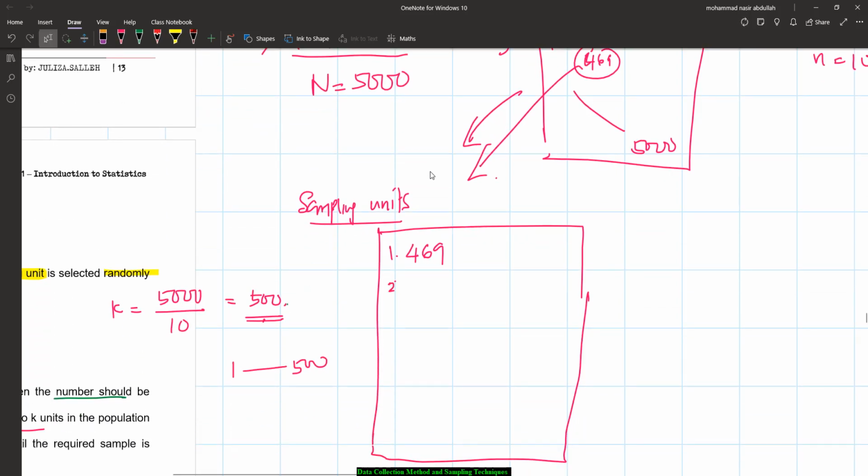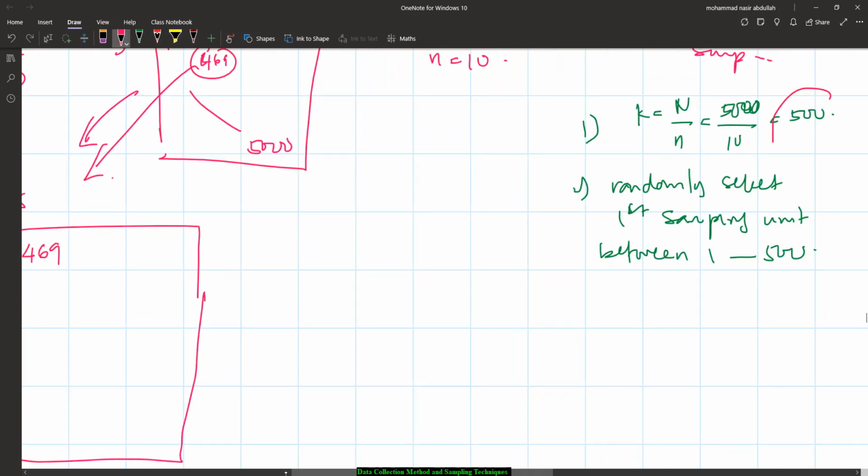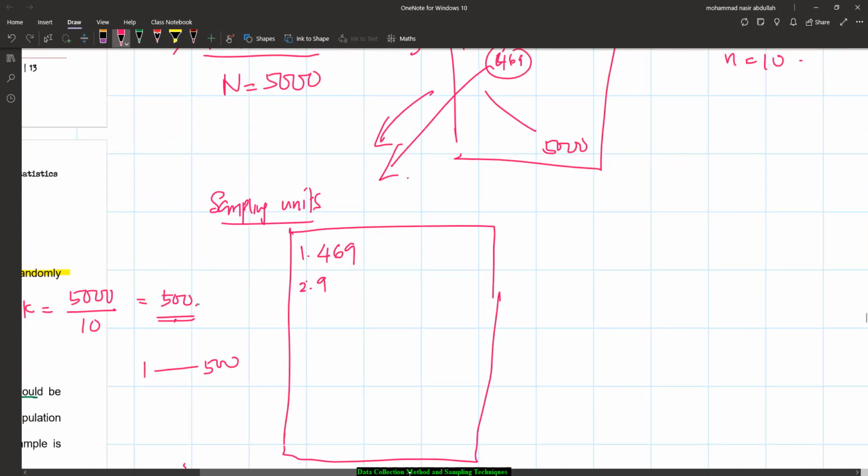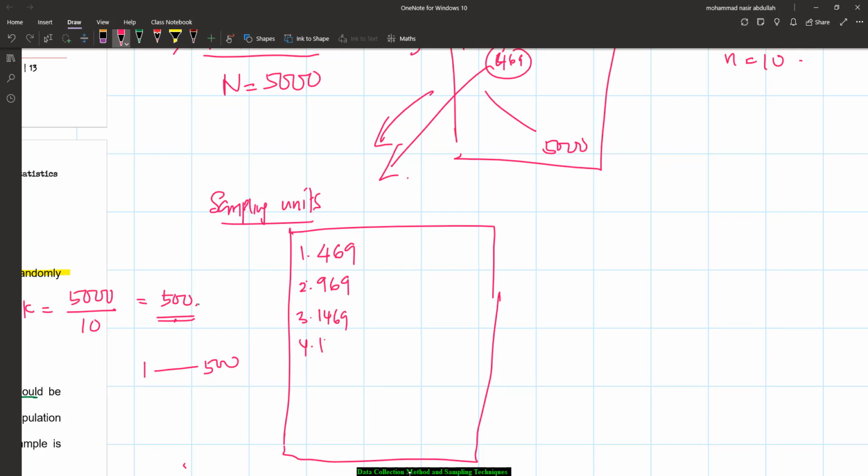The second member in the sampling unit will be the next 500. Maksudnya mana kita dapat 500 tu? Based on K interval. The next 500 means that 969. The third one is the next 500, 1469. 1969. Boleh faham? Until we finish our sampling units lah.